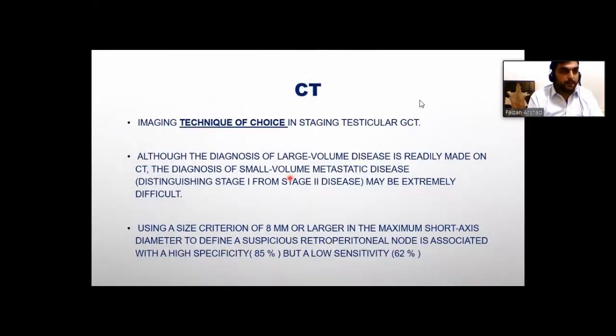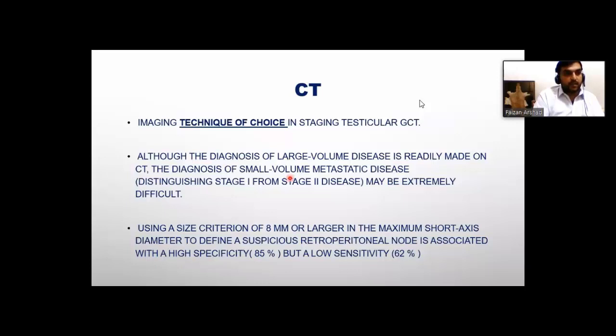On CT scan, the imaging technique of choice in the staging of a testicular germ cell tumor. Although the diagnosis of large volume disease is readily made on CT, the diagnosis of small volume metastatic disease, which distinguishes stage 1 from stage 2, may be extremely difficult.